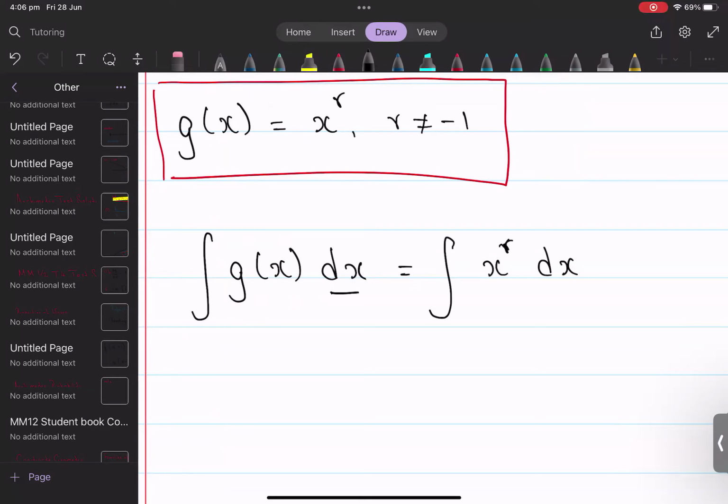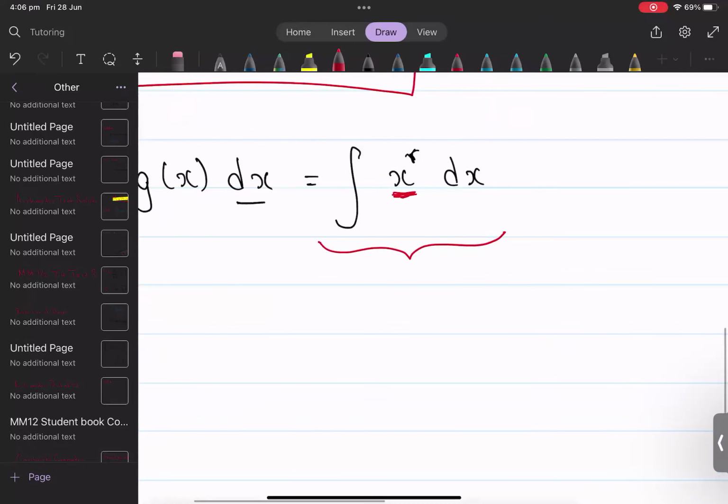Now, what this expression on the right-hand side essentially is, if I take the derivative of whatever comes out of this expression, then I should get back x to the power of r.